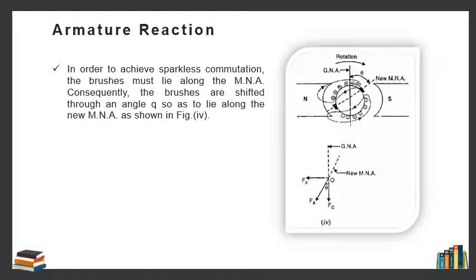Next diagram: in order to achieve sparkless commutation, the brushes must lie along the MNA. Consequently, the brushes are shifted through an angle Q so as to lie along the new MNA, as shown in figure number 4.